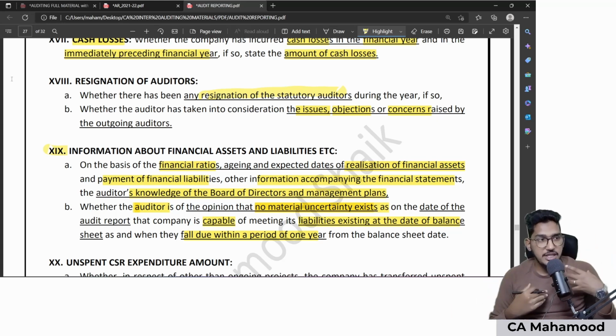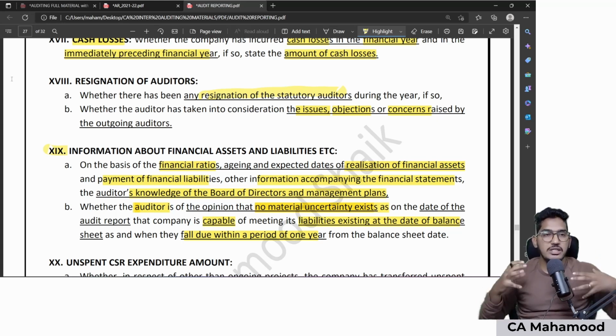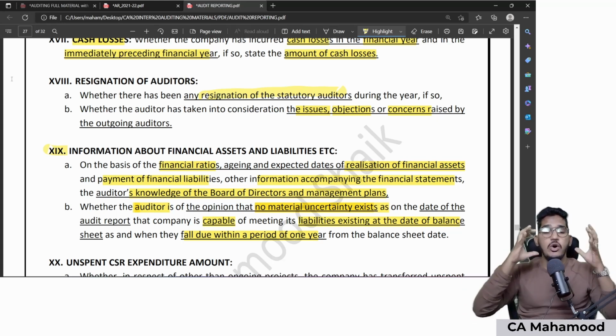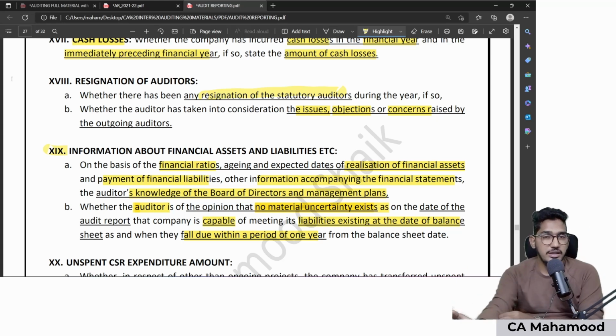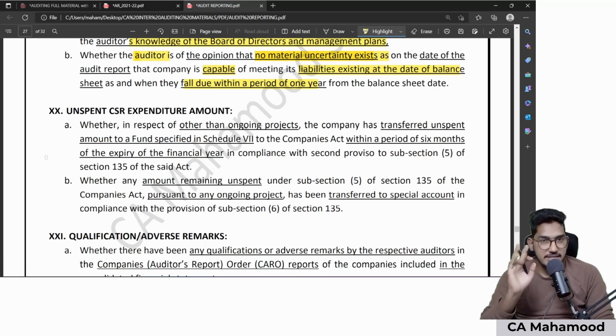Using all this information, you have to tell your opinion. Is the company in a position to pay all its liabilities as on balance sheet date, or is there any material uncertainty existing? Clear?